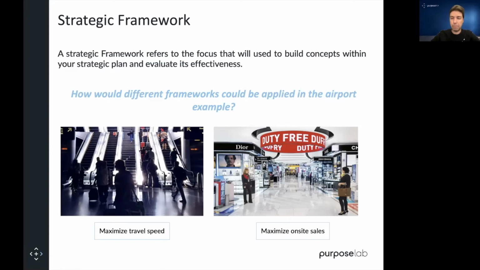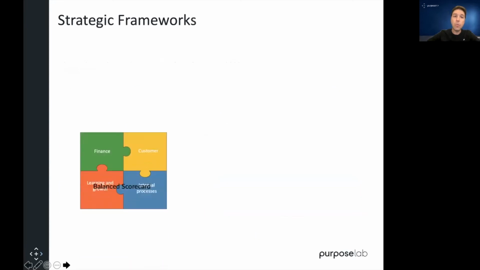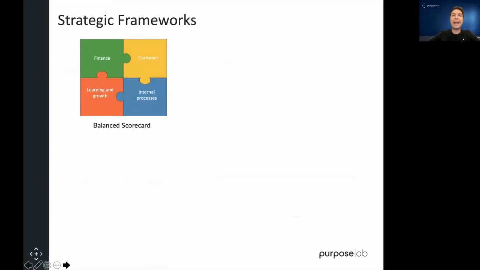But I hope that you start seeing how the focus that you can give the different elements in an airport changes. And this is what we talk about when we are thinking about a framework. The framework will give you an idea or a place to start thinking about initiatives and projects, and this will help you focus your ideas in one way or another.